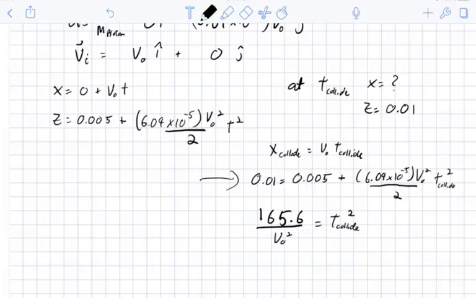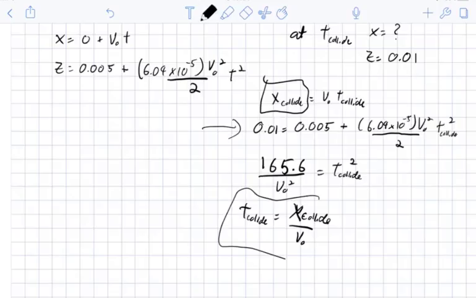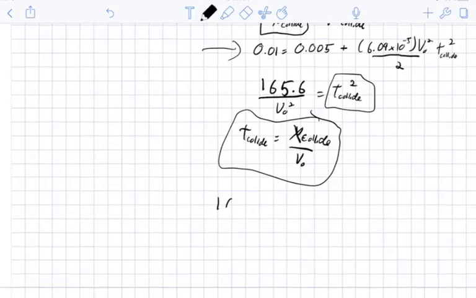And I'm trying to figure out what this value is. So I'm going to rearrange that expression: t collide is equal to x collide over v naught. And now I'm going to use this to replace for that. 165.6 is equal to v naught squared times x collide squared over v naught squared.